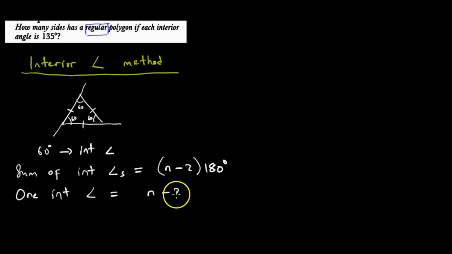Inenge iri equal to n minus 2 times 180 degrees over n. I know that I might have confused you somewhere panapa. What am I saying? Kana tichiziva kuti the sum of interior angles of a regular polygon is equal to n minus 2 times 180 degrees.